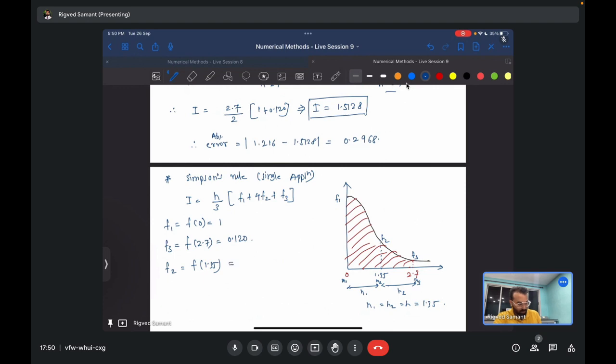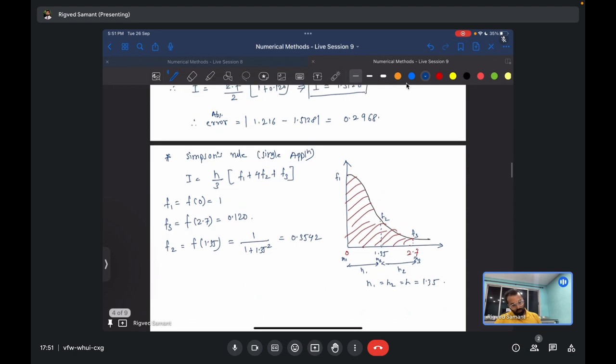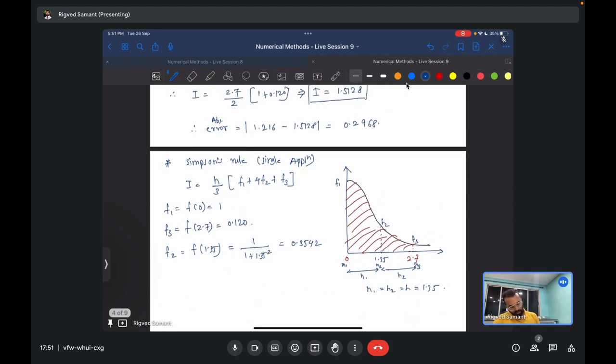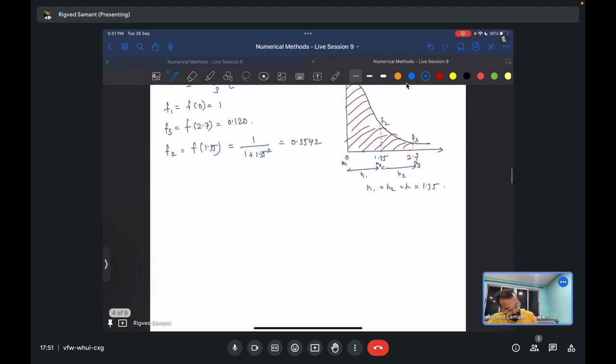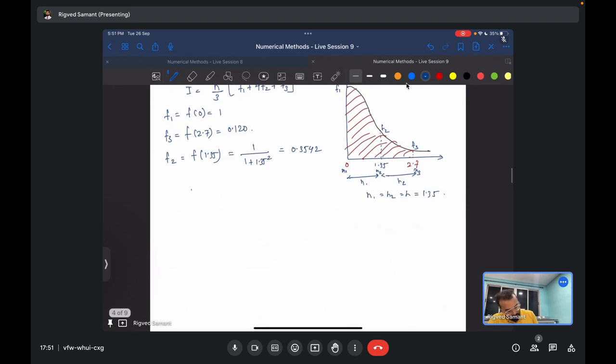Our function is 1 upon 1 plus x square, right? So this is your value. So what will that value be? It is 0.3542. Okay, so you have three values. You can use Simpson's 1/3 rule to get the final integration value.